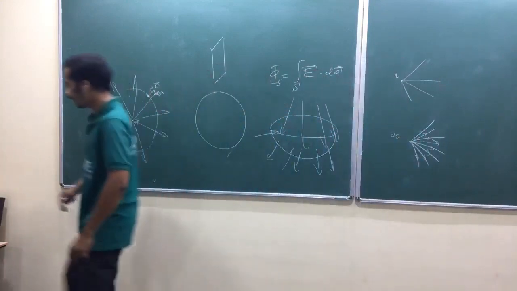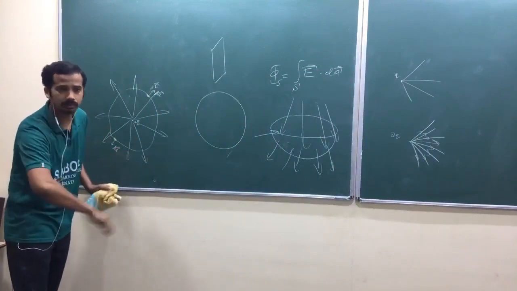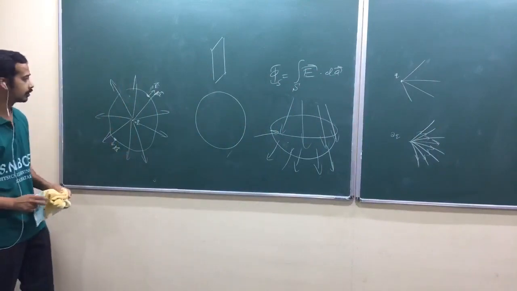Now this is our convention. From now onwards, whenever you have a closed surface, you have to take your area vector outward from that region.